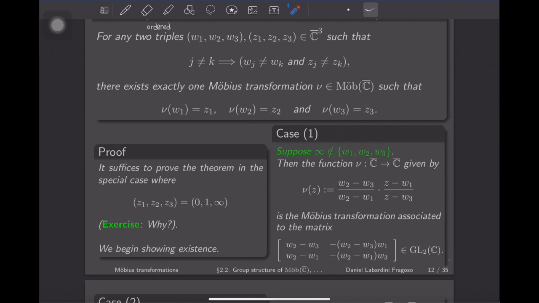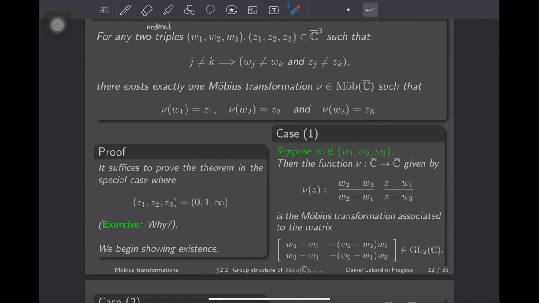And uniqueness. How does uniqueness in this case imply uniqueness in general? Well, if there were no uniqueness in general, there could be two triples connected by two different Möbius transformations.